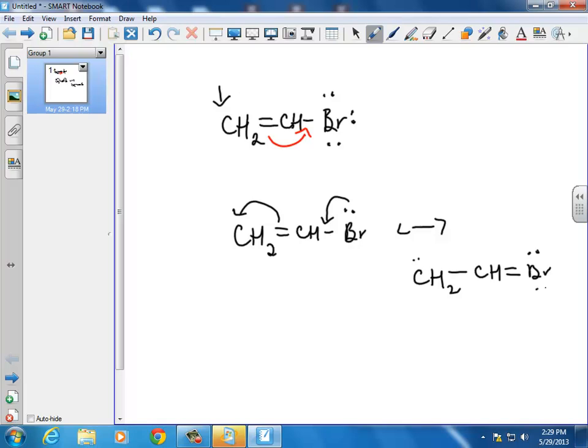Okay. Now we have a positive charge on bromine and negative charge on carbon. While yes, that's not 100% the best case scenario, this is still the better resonance structure, because number one, we're not taking away electrons for a complete octet. So it's okay to have that negative and positive charge. We could not draw a resonance structure with what we mentioned before, with moving electrons in from the double bond.